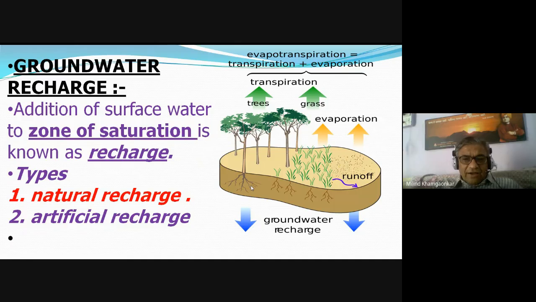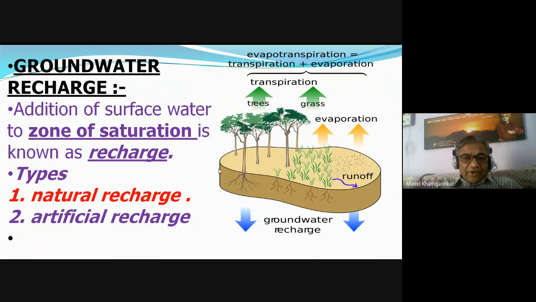Whatever water infiltrates from the precipitation moves below the ground surface due to the gravitational force and also due to certain surface tension and capillary action into the pores of the soil, moves downwards, and reaches the unconfined aquifer, or reaches the confined aquifer also at certain locations where the unconfined aquifer meets the ground surface.